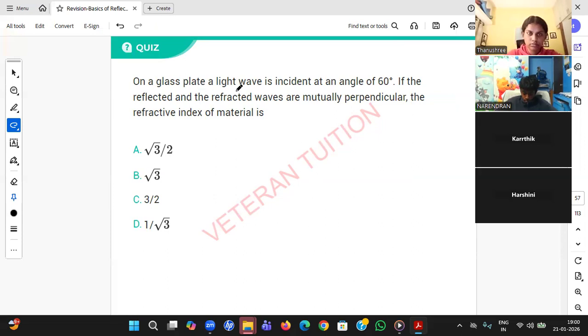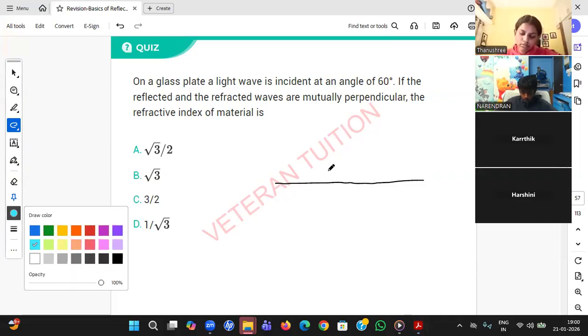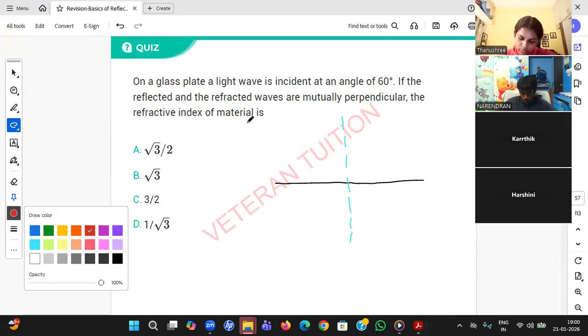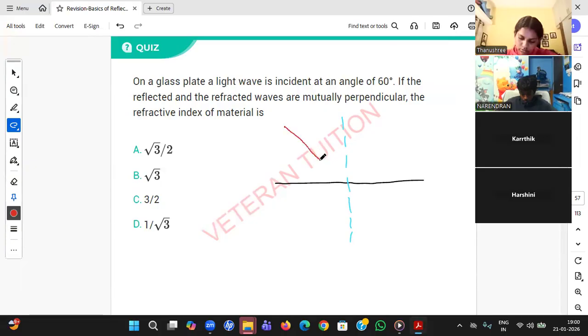On a glass plate or a light vessel. So this is a glass plate. So let me draw this. A light wave is incident at an angle of 60 degrees. If the reflected and refracted waves are mutually perpendicular. Okay, so some answers are already given.